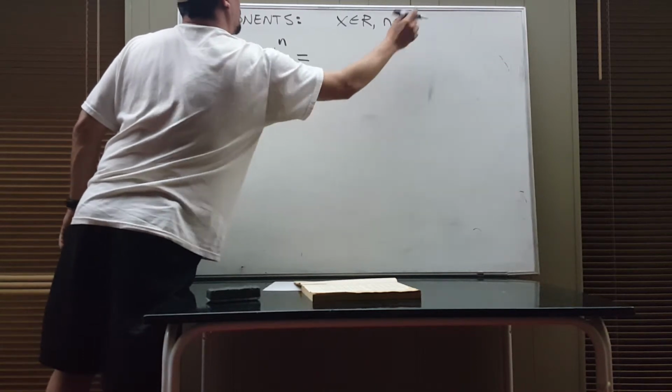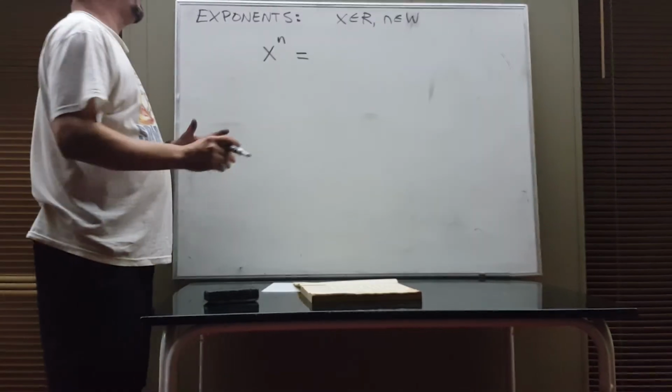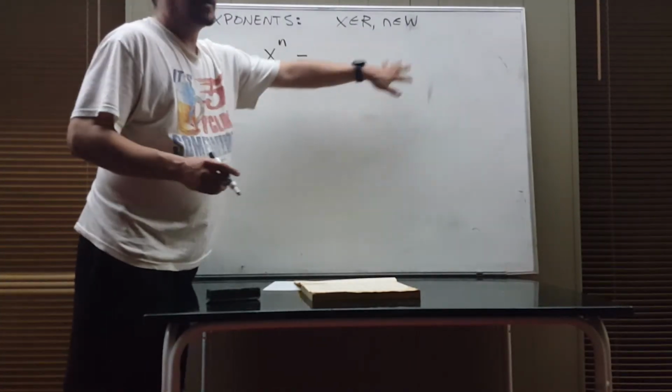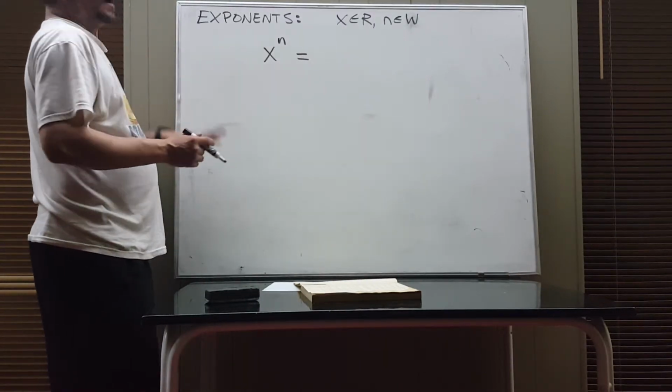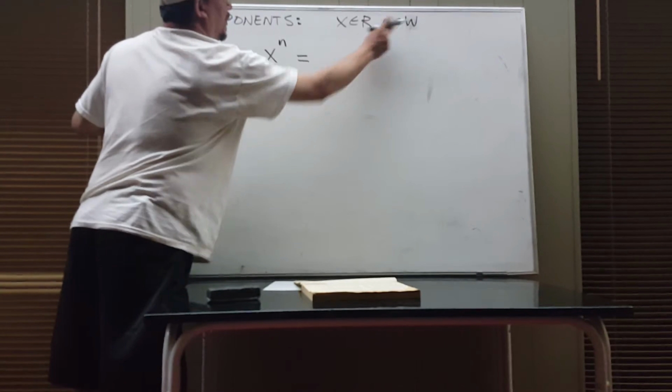Actually, we'll call n a whole number. So n is not a fraction right now. These rules do apply if n is a real number, but I want to keep it a little bit easier for now, because the definition of exponents is a little bit trickier when these are not whole numbers.